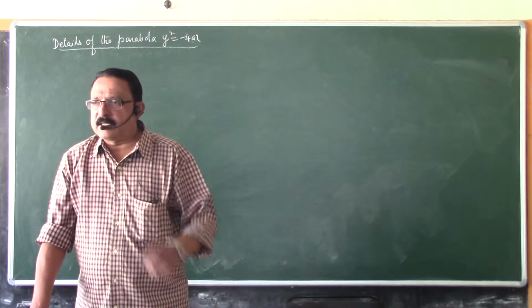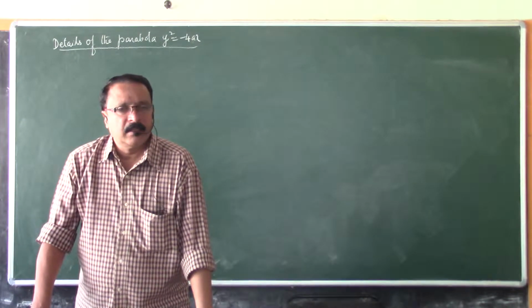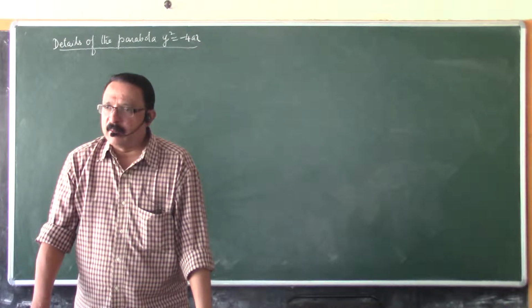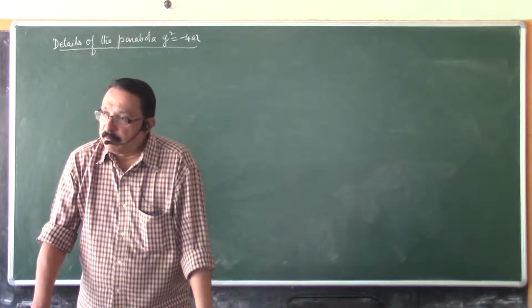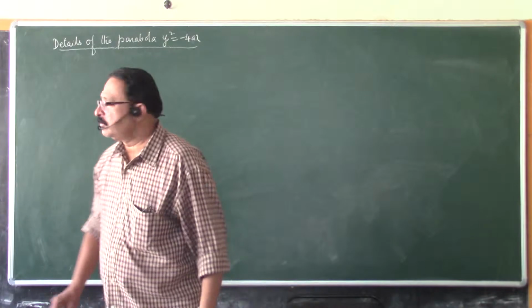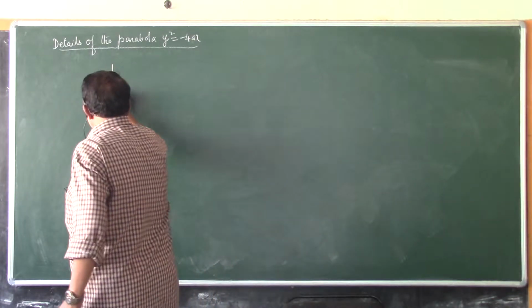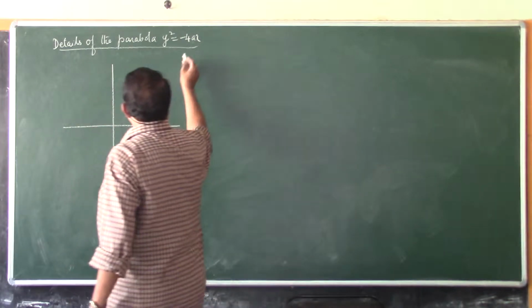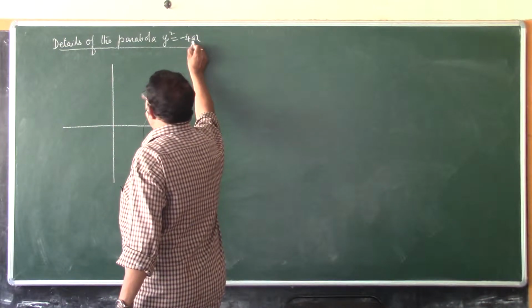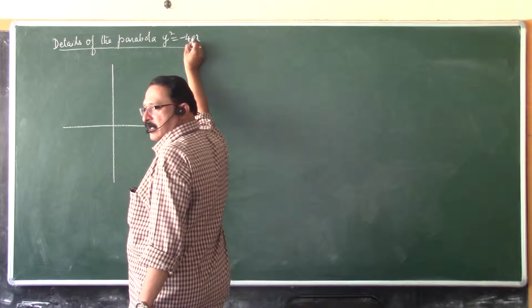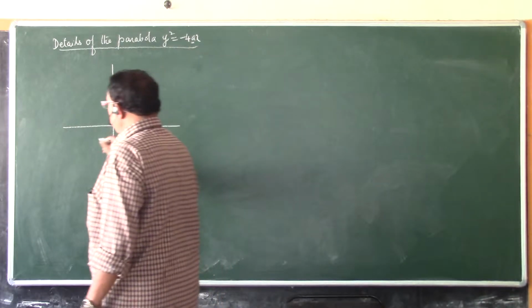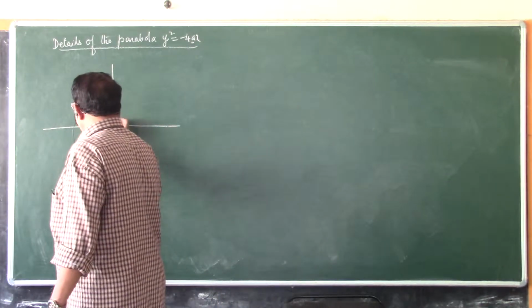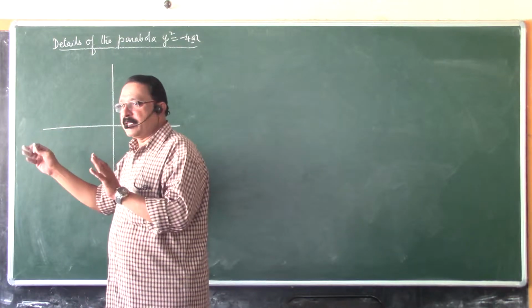Now let's understand the details of the parabola y square equals minus 4ax. If the equation of the parabola is y square equals minus 4ax, here you see that a is negative because it is minus 4ax, therefore a should come on which side?